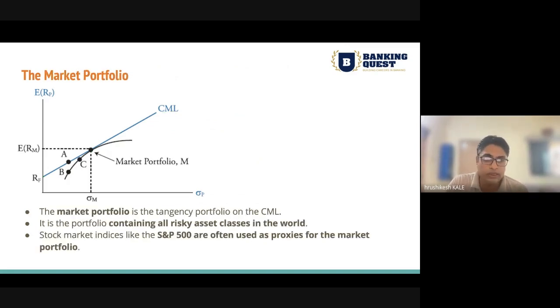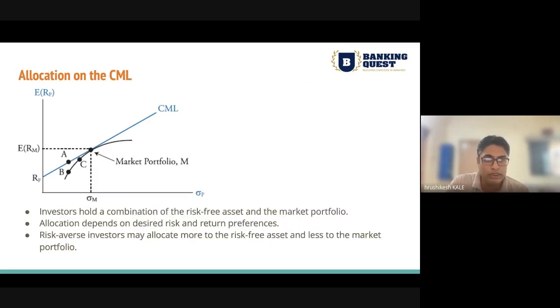This is a tangential portfolio. We have already seen that. And you can earn higher returns if you can borrow at risk-free rate.